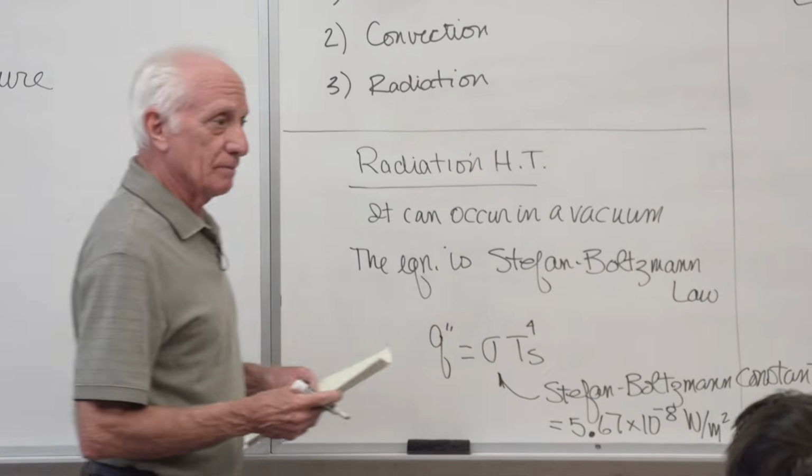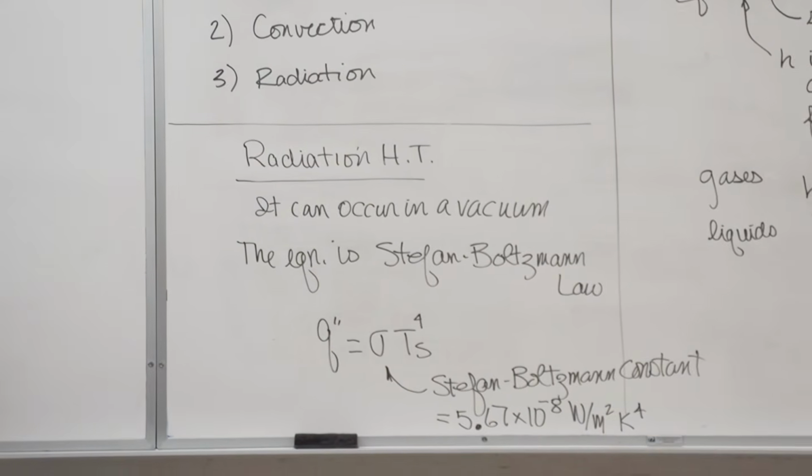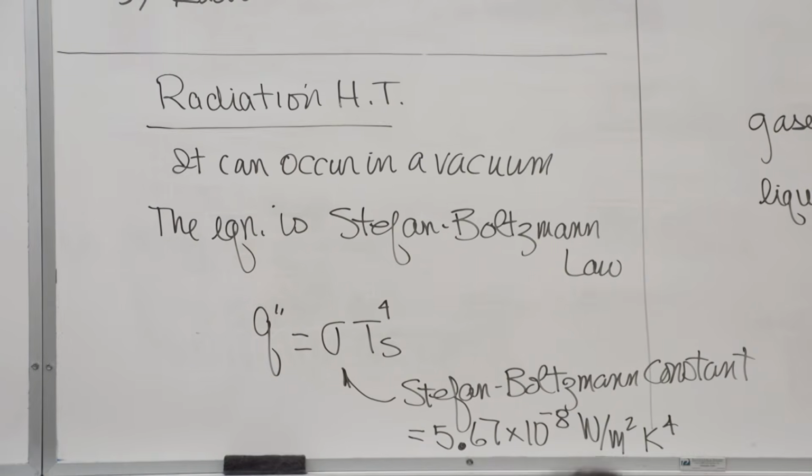That constant, sigma, is called the Stefan-Boltzmann constant, 5.67 times 10 to the minus 8 watts per square meter, K to the fourth.